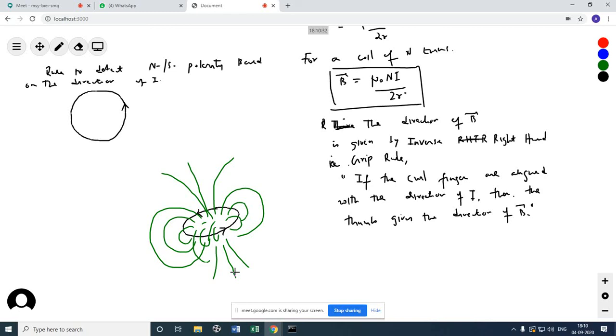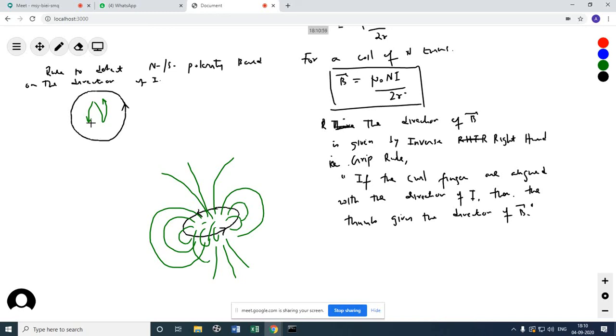You need to know which one will be north and which one will be south. So, the rule to detect north or south polarity based on the direction of I. How will you do that?